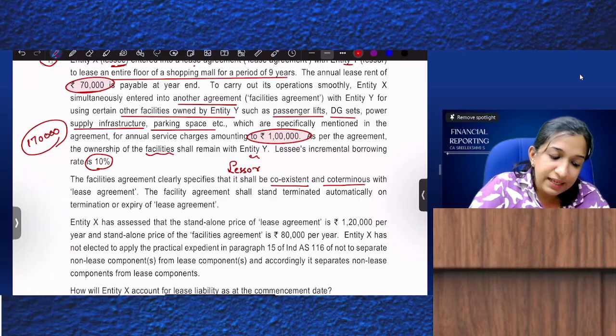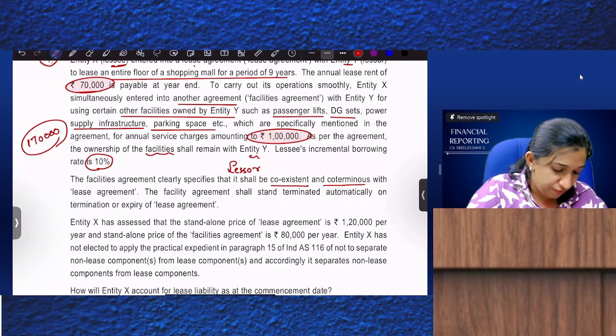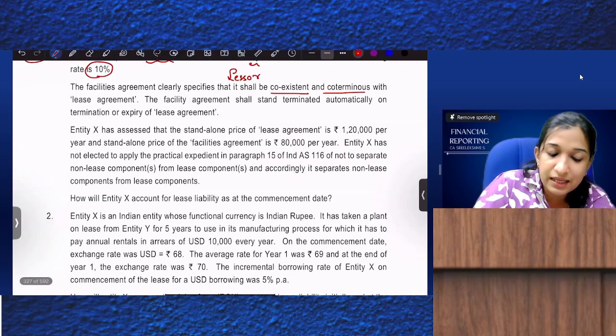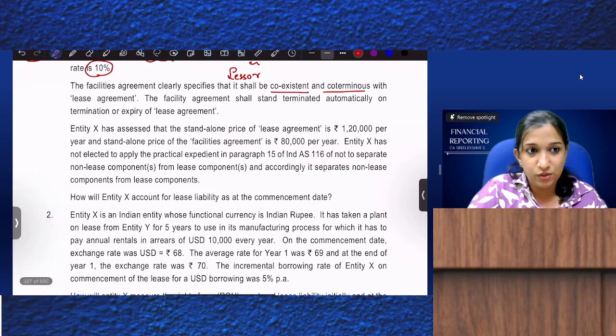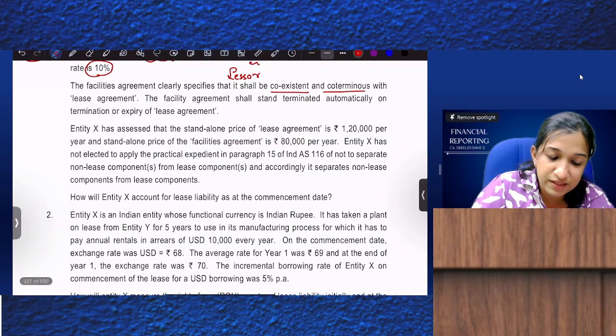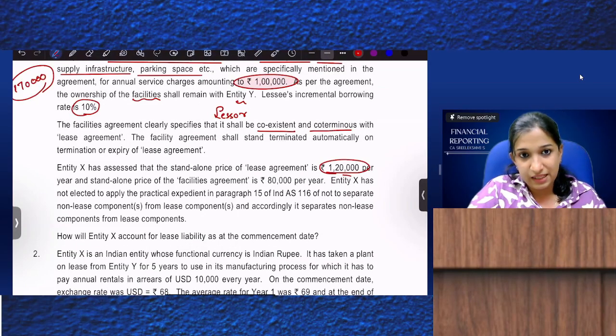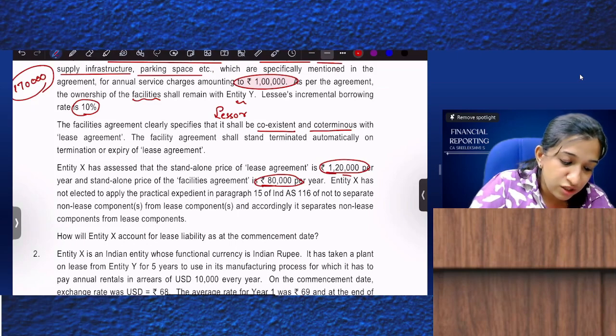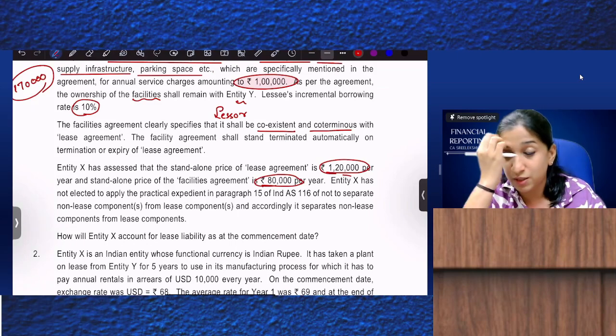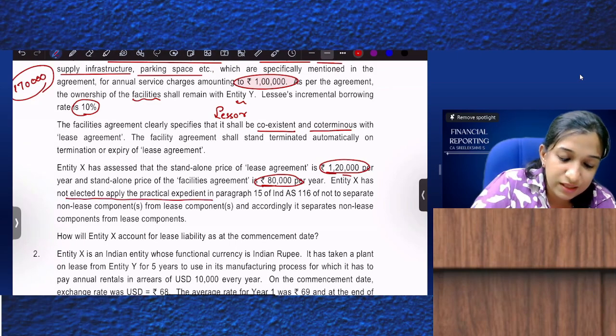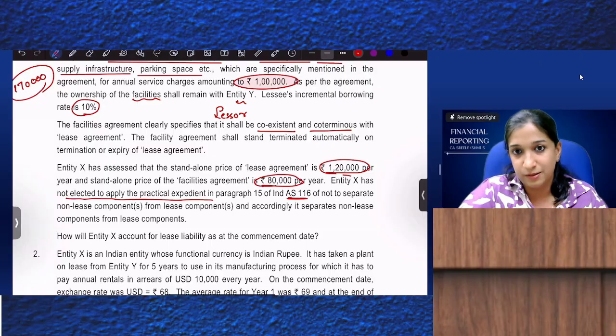Now, entity X has assessed that the standalone price of the lease, if I have taken only the lease, is 1,20,000 per year and the standalone price of the facilities agreement is 80,000. Entity X has not elected to apply the practical expedient. Here, Ind AS 116 is giving me two options.